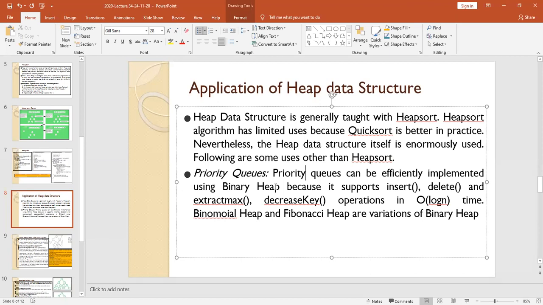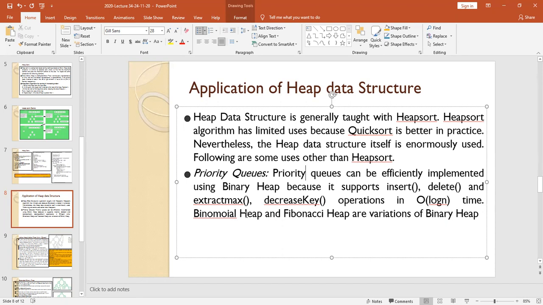Why? Because it supports insert, delete, and decrease key operations in O(log n) time.